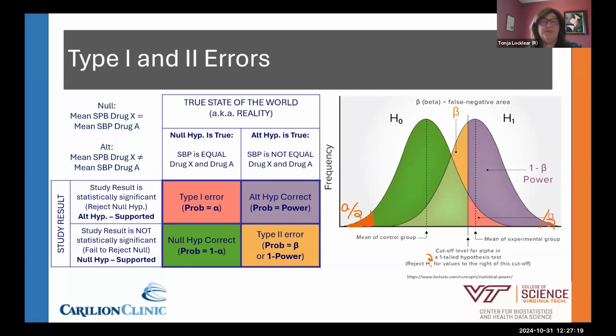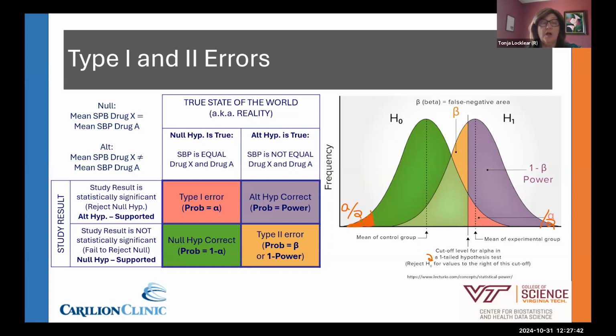Now we have the type 1 and type 2 errors. We've already addressed that a little bit in the conversation, but the type 1 error is the probability of alpha. So we have a 5% chance that we think that the alternate hypothesis is true when the null hypothesis is actually true. And we have our power, which is when we actually hit the right idea.